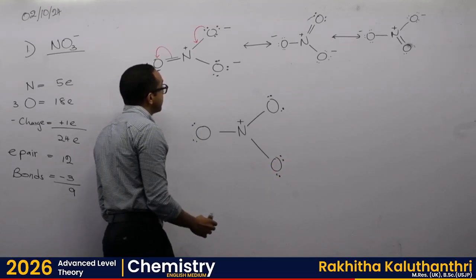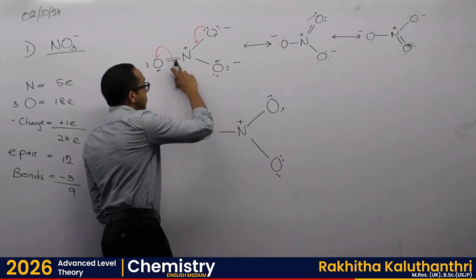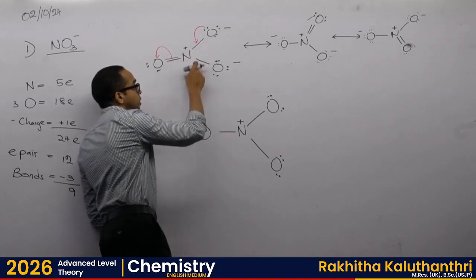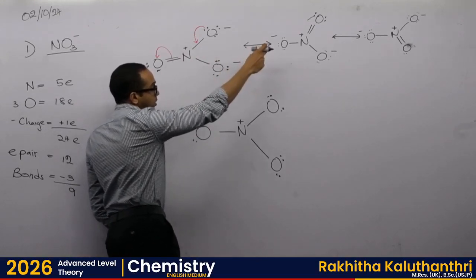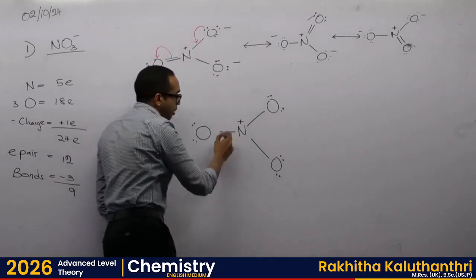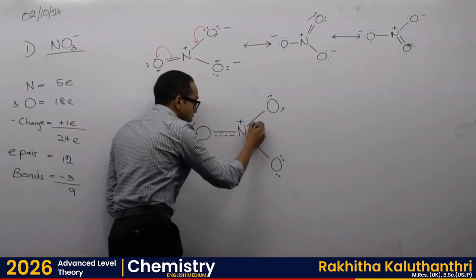Apart from that, nothing else is common. The other thing is one pi bond is distributed among 3 different bonds. It is here once, in the second bond, and then the third one. So it is getting distributed among the 3 oxygen-nitrogen bonds.